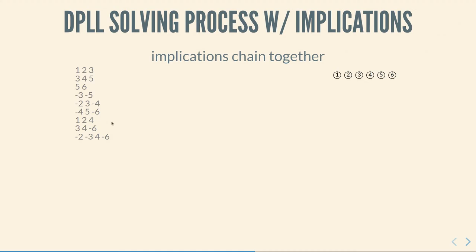So this is the exact same problem as last time, except I've added an additional clause, not 2 or not 3 or 4 or not 6. So this is just a slight modification. And now, if we do the same process, variable 1 is true, variable 2 is true, variable 3 is true, and now we get the implication chain on 5 and 6 and 4.